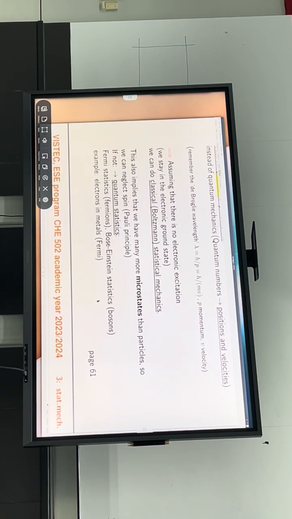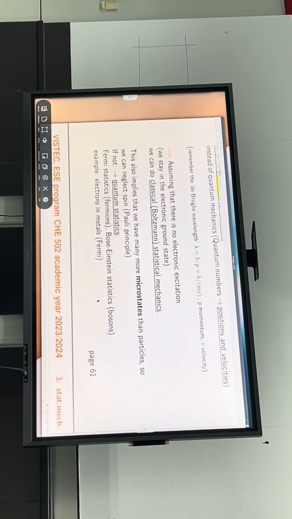So we do statistics in such cases that there are many, many more microstates than there are particles. And this is typically true at high temperatures. At low temperatures, or for some very specific systems, like electrons in a metal, this is not true.